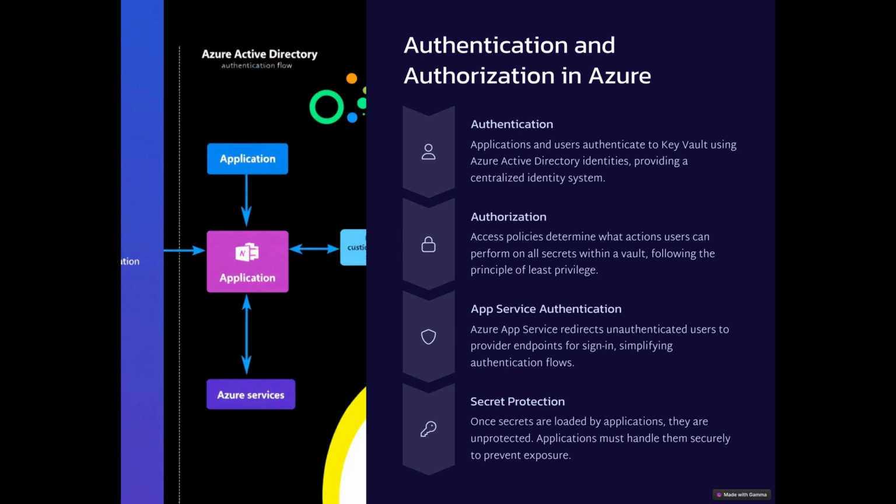Precisely. The guide also mentions app service authentication. Does that just simplify things for web applications? Yeah, app service authentication is sometimes called Easy Auth now. It's built into Azure App Service, and it makes authenticating users for your web apps so much easier. Instead of writing a bunch of code to handle sign in and sign out and all that stuff, Azure handles it for you.